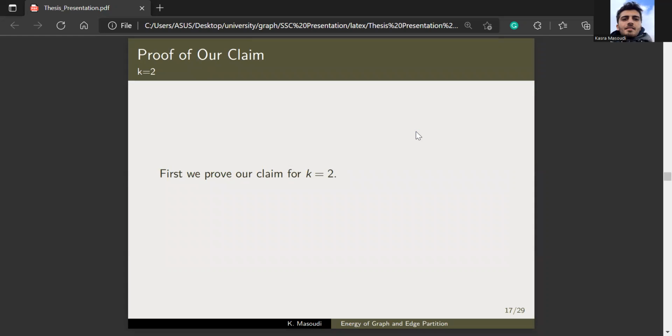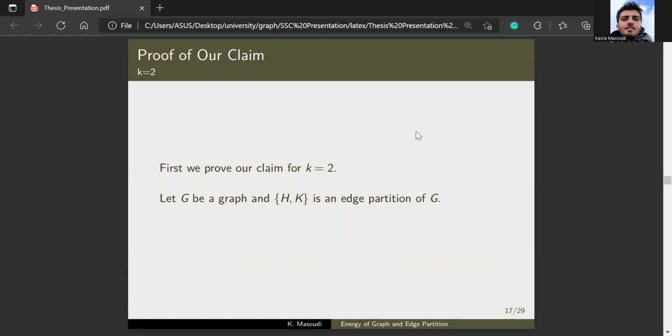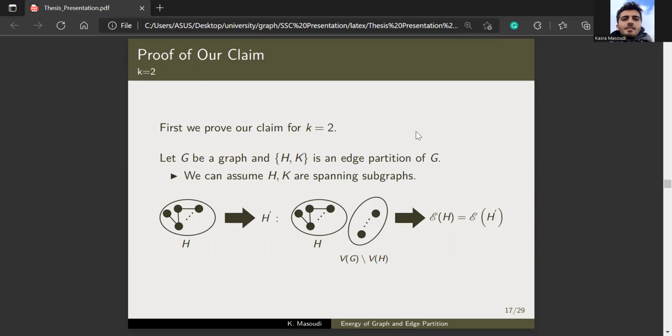Now it's time to prove our claim. At first, we prove our claim for k equal to 2, when we have two edge partitions. Let G be a graph, and H and K be an edge partition of G. As we have seen before, we can assume H and K are spanning subgraphs. How do we make H and K spanning subgraphs?